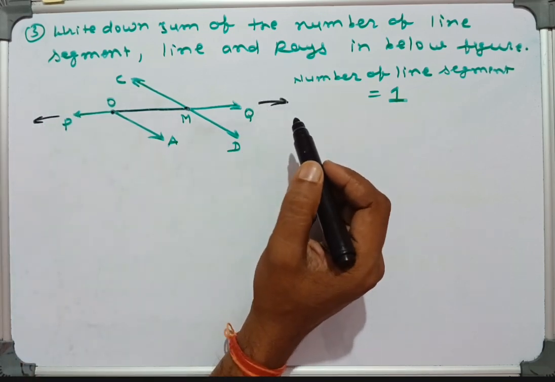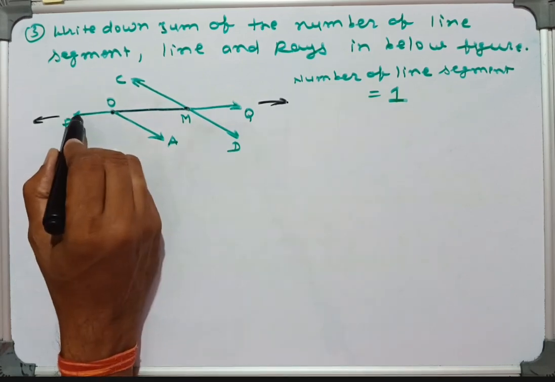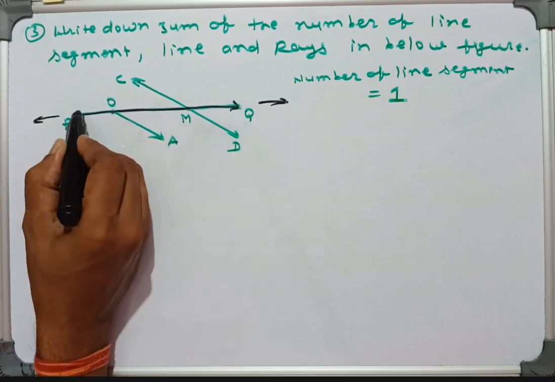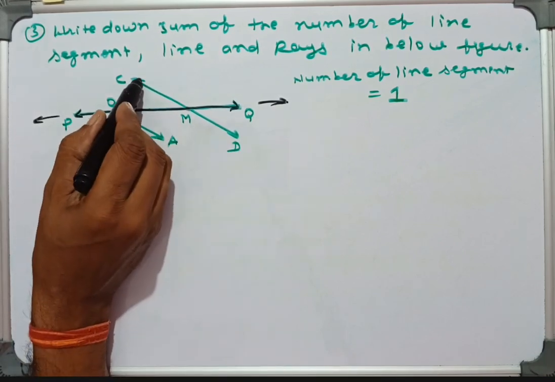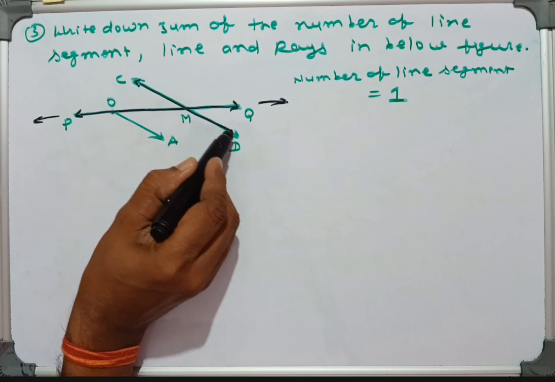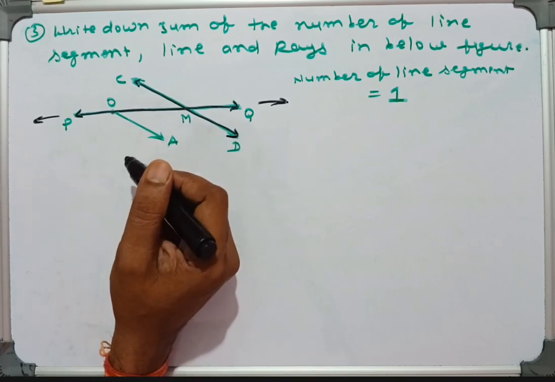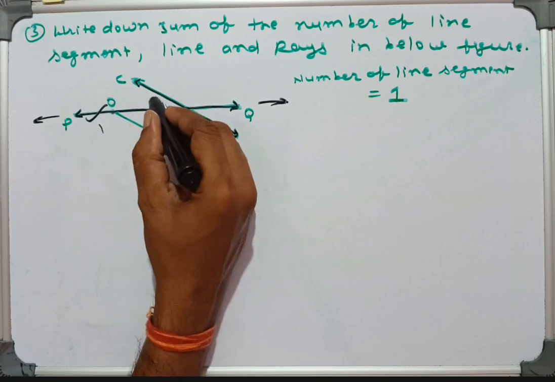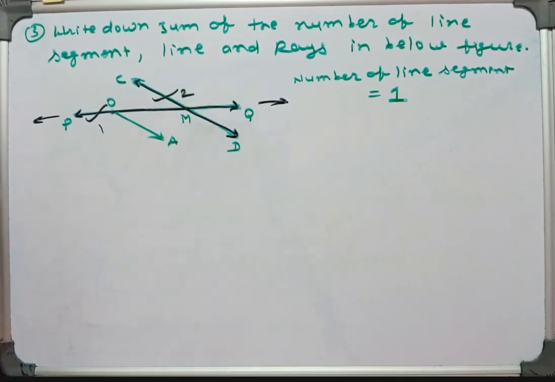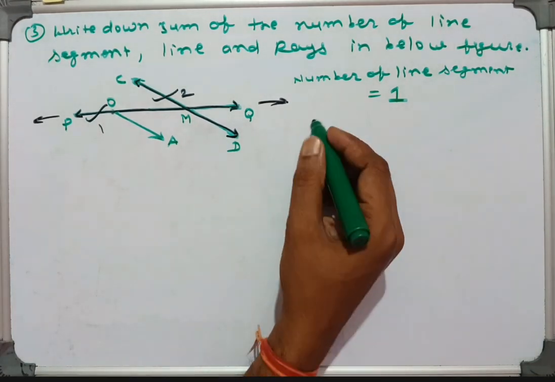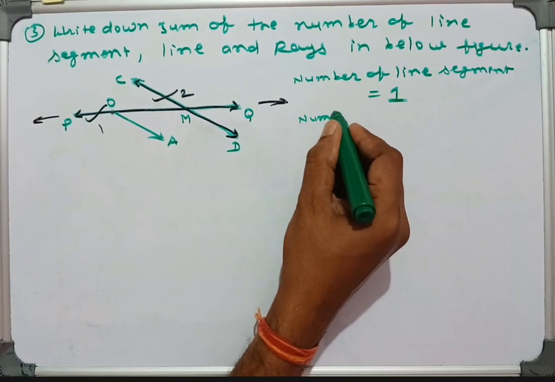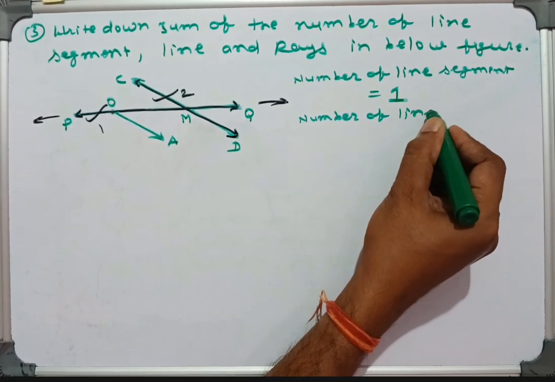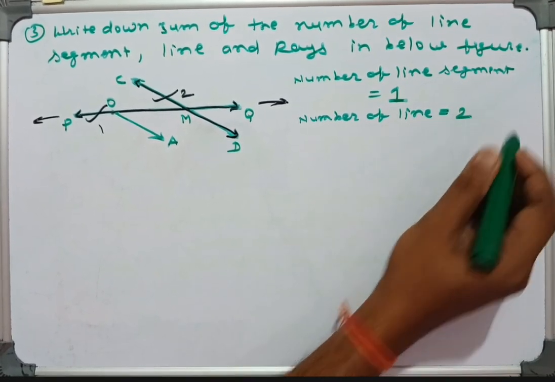So here PQ is an example of a line and CD is also an example of a line. So the number of lines here is 2. This one is 1, this one is 2. So our answer for lines is: number of lines is equal to 2 here.